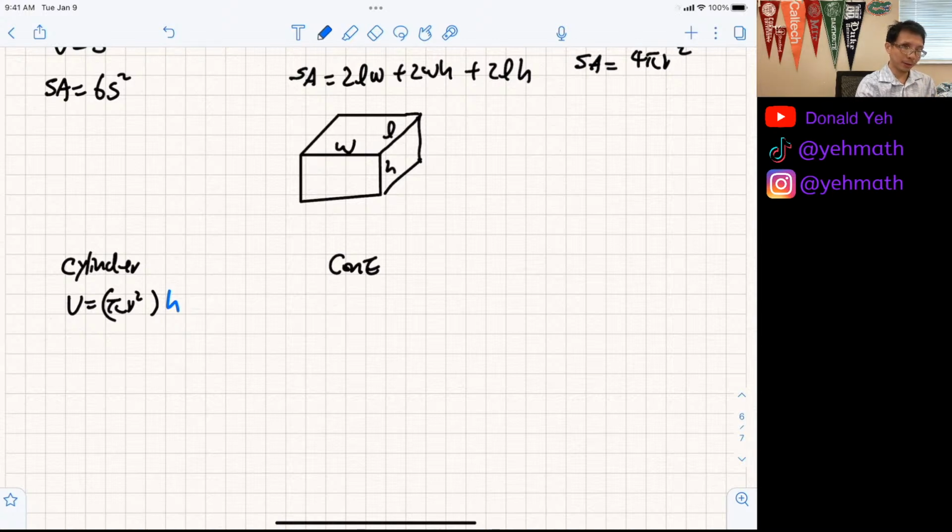Oh, by the way, which one has the bigger volume if they have the same height? You sure? Absolutely, 100%. No, they're not the same. I'm joking. No, they're all the same.